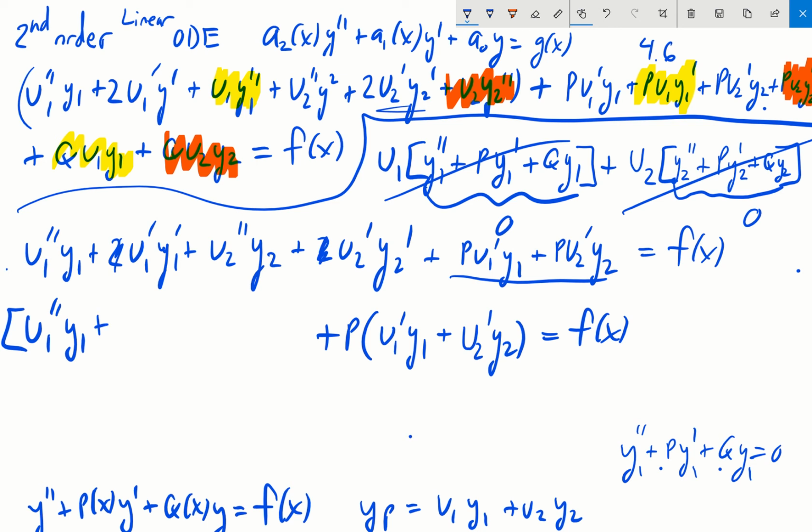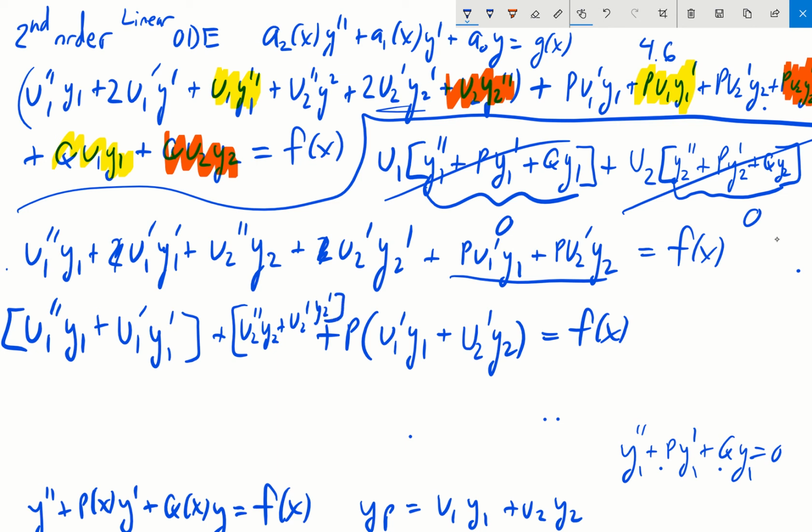Plus u1 prime y1 prime plus, let's group these two, u2 double prime y2 plus u2 prime y2.